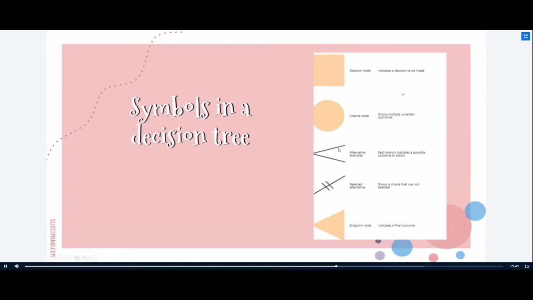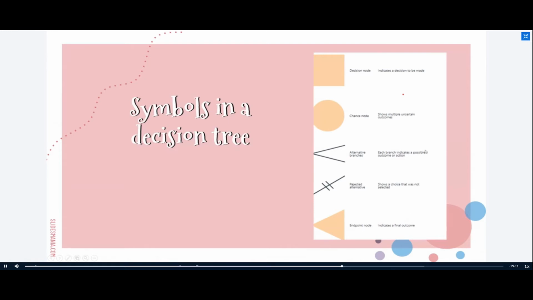This one, parang less than, actually represents alternative branches, no? So each branch indicates a possible outcome or action, and then this symbol, rejected alternative, shows a choice that was not selected. And finally, the endpoint node indicates a final outcome.